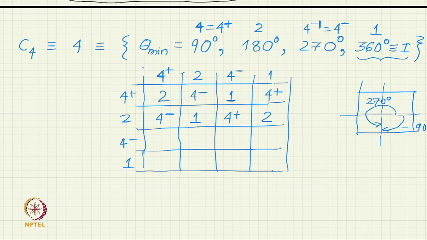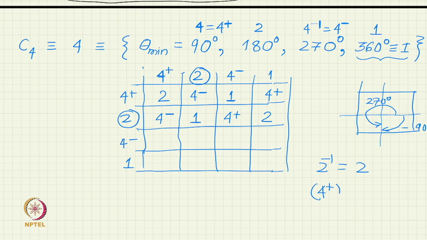So, the inverse of 2, a 180 degree rotation, is itself, because 2 combined with 2 gives you the identity. So, it is a self inverse. You can say 2 inverse is equal to 2.